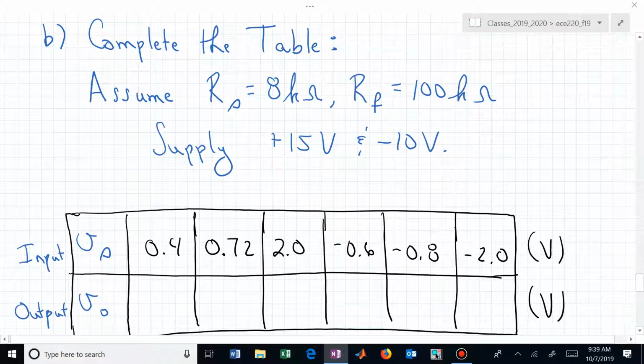So I'll give you a couple of minutes to pull out your calculator or your phone or whatever and calculate that output row in the table for those different V sub S values. And you can work together since this is not an exam.